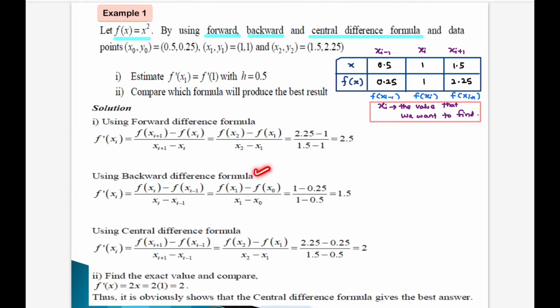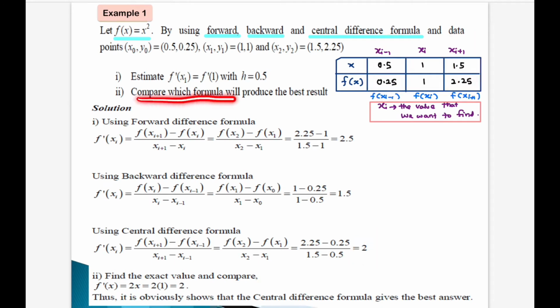Similarly, for the backward difference formula, you will use this value and also this value. Substitute correctly into the formula, then you will get 1.5. And for the central difference formula, you will use these values, then you will get 2.